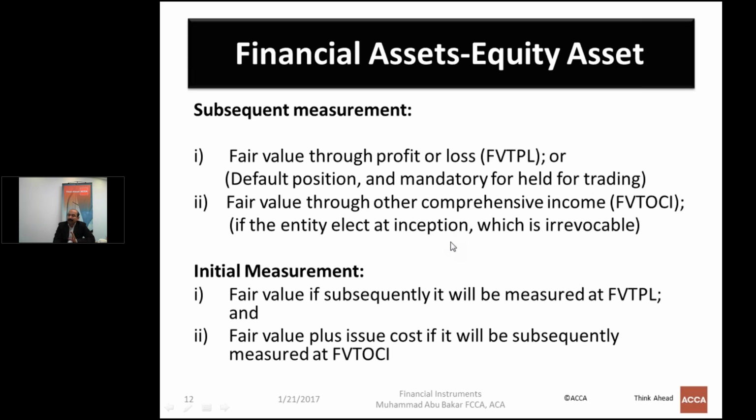But if the entity elects at inception, then an entity can measure this equity asset subsequently at fair value through other comprehensive income. Okay, these are the subsequent measurement. Initial measurement: fair value, if subsequently it will be measured at fair value through profit and loss. Fair value plus issue cost, if it will be subsequently measured at fair value through other comprehensive income. Okay.